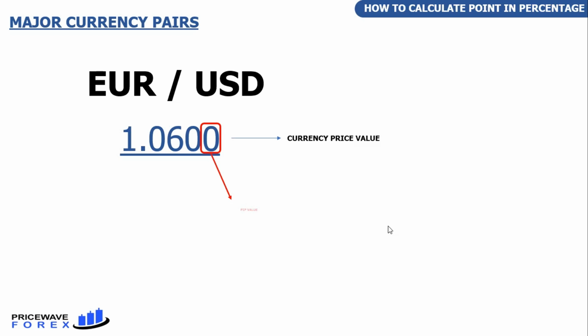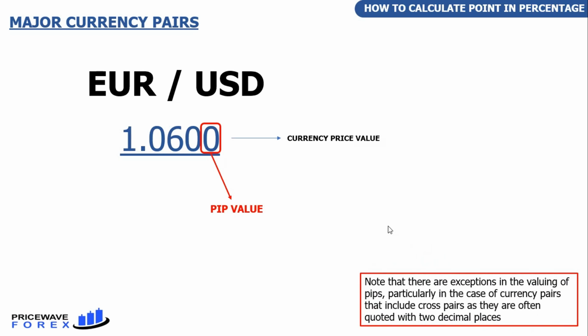So to get to the actual pip value, the fourth decimal point is the pip value itself. Now, note that there are exceptions in the valuing of pips, particularly in the case of cross pairs, as they are often quoted with two decimal places. What I'm in essence saying is that you might come across currency pairs that have four decimal places, five decimal places, and two decimal places.